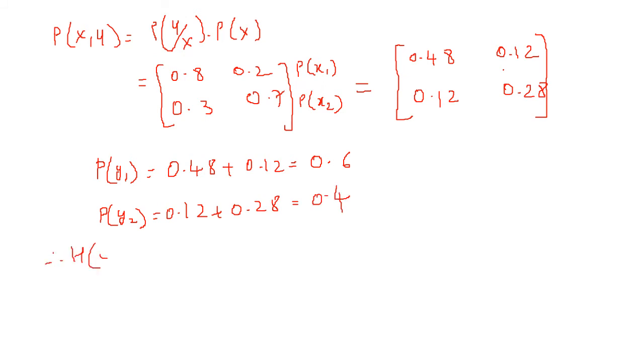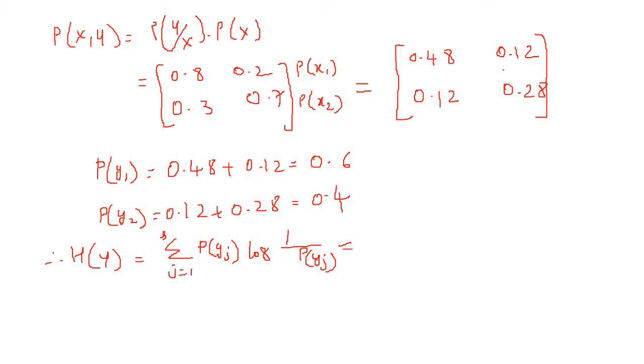Therefore, H(Y) is equal to the summation, j varying from 1 to s, of P(yj) into log of 1 by P(yj), or you can simply write it as Pj log 1/Pj.